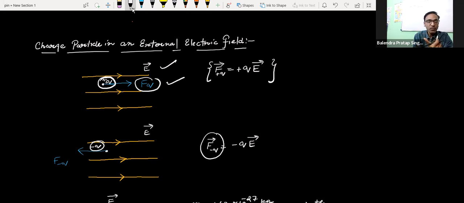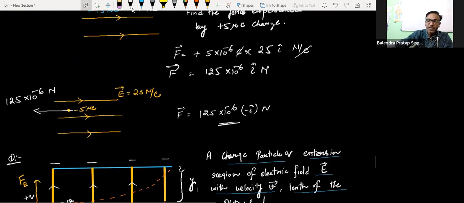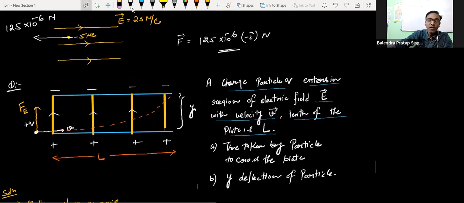So a positive q charge experiences a force in the same direction as the field, and a negative q charge experiences a force in the opposite direction. Here in this problem, the electric field is along the y-axis, so the force experienced by this particle is also along the y-axis. If this particle is negative, then it will experience a force along the negative y-axis.